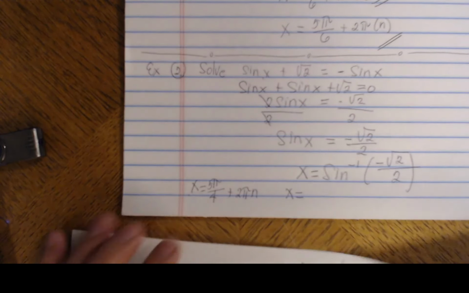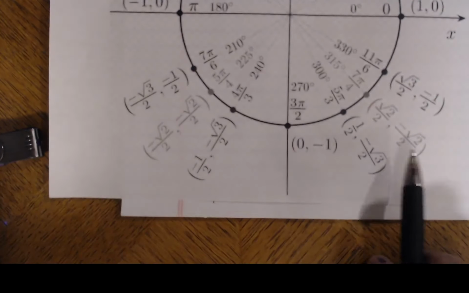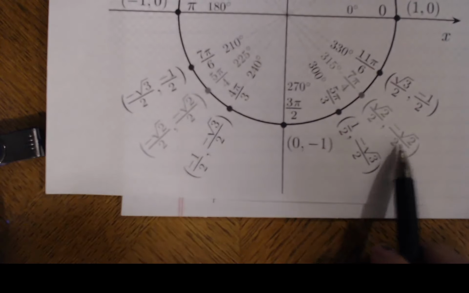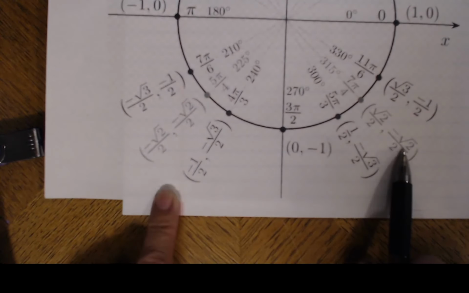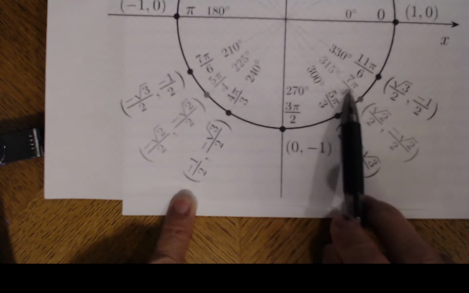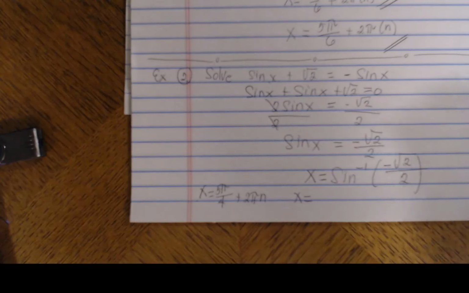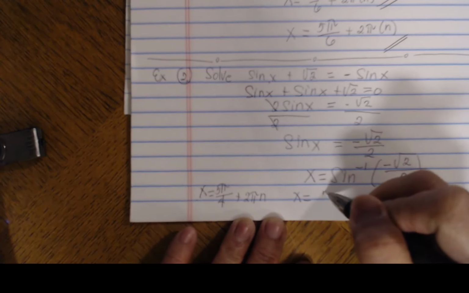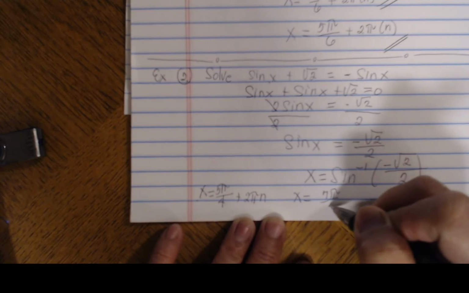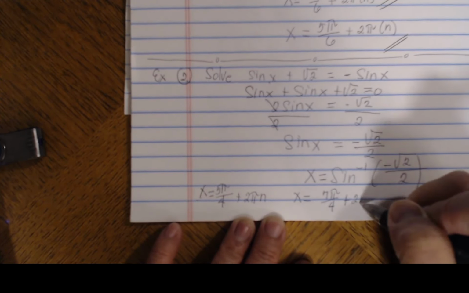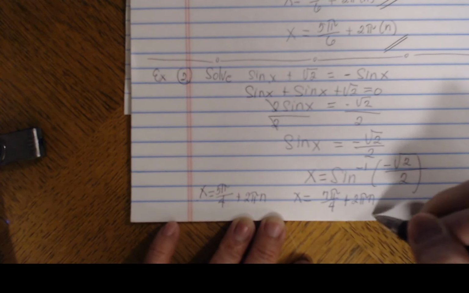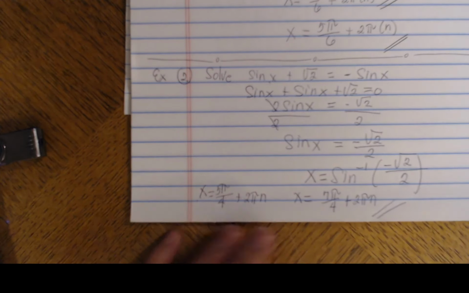And then there's another one here. You see that this is negative square root of 2 over 2, and that is 7 pi over 4. So 7 pi over 4 plus 2 pi n, because sine is periodic.